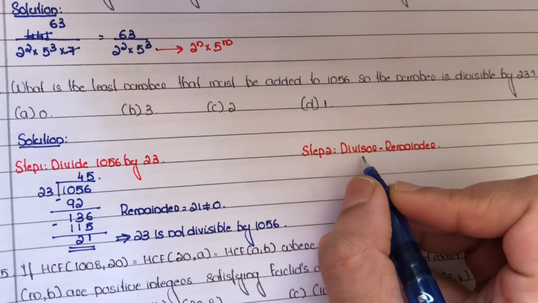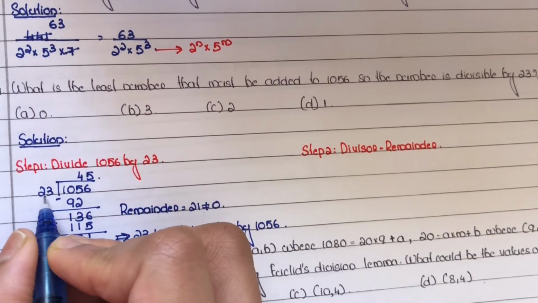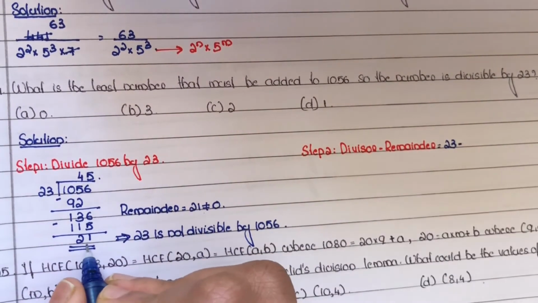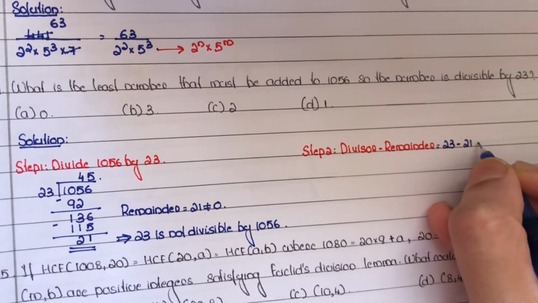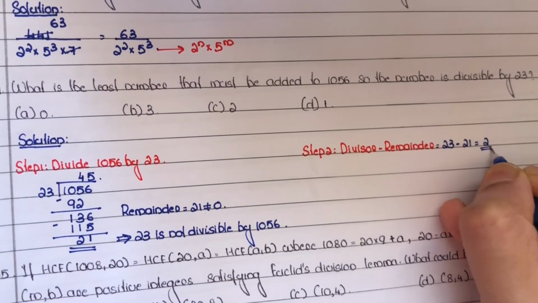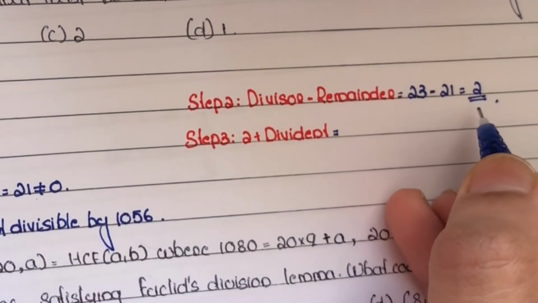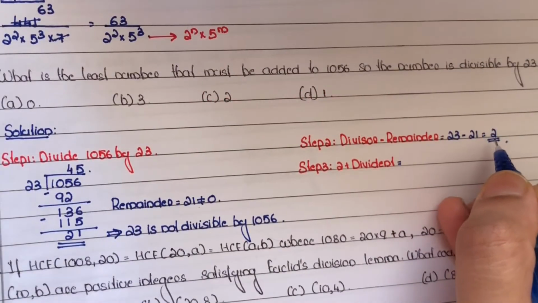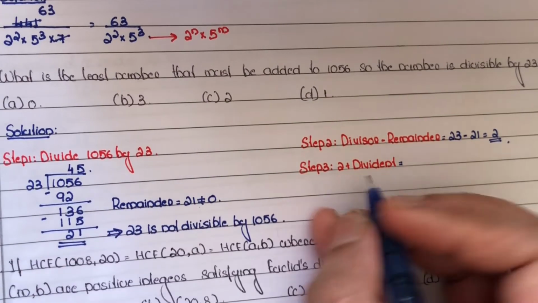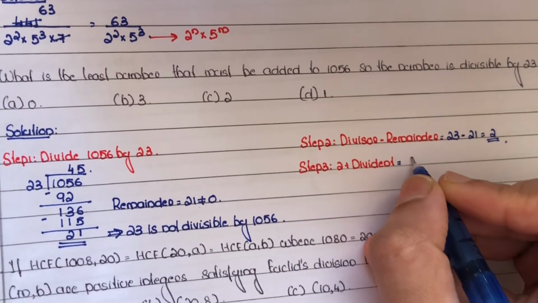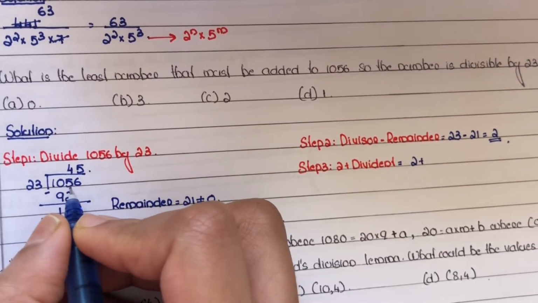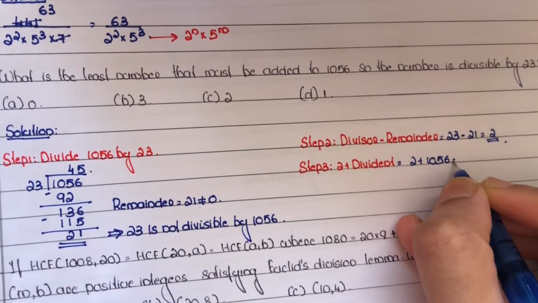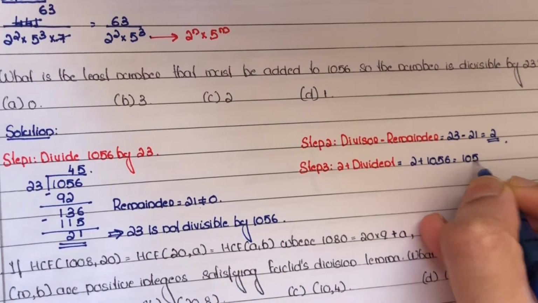Step 2, divisor minus remainder. The divisor is 23, so 23 minus remainder 21 is equal to 2. Here we got 2 as the answer, right? Next step, add this answer to the dividend, that is 2 plus dividend 1056, which is equal to 1058.